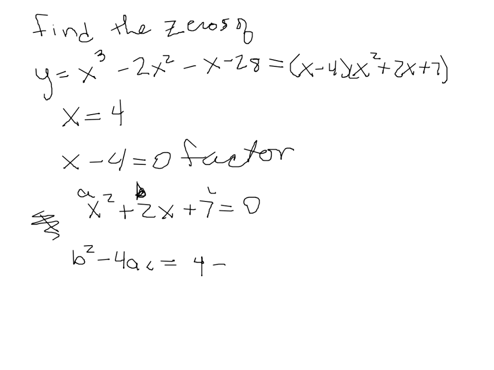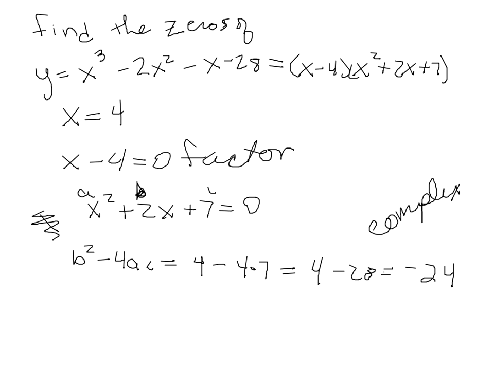So b squared is 4 minus 4 times 1 times 7. So I get 4 minus 28, which is negative 24. So I'm going to get complex zeros because I'm going to take the square root of a negative.